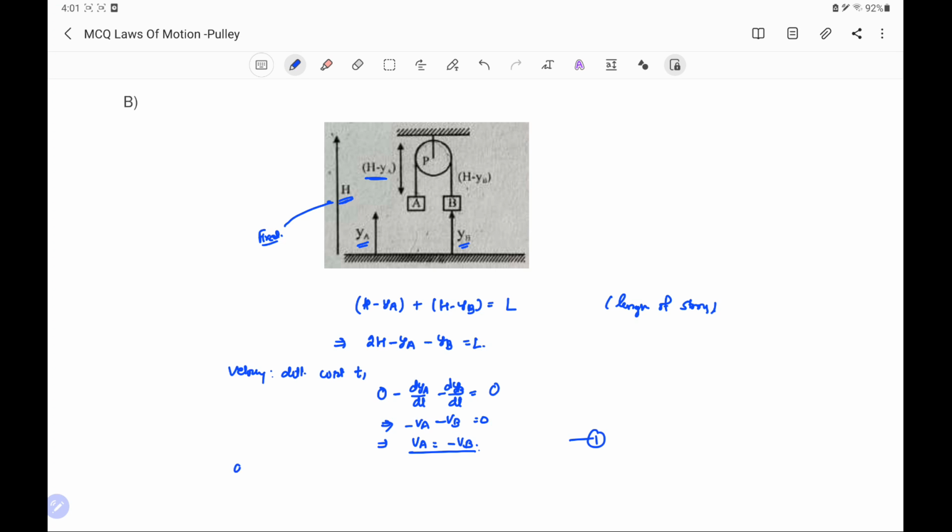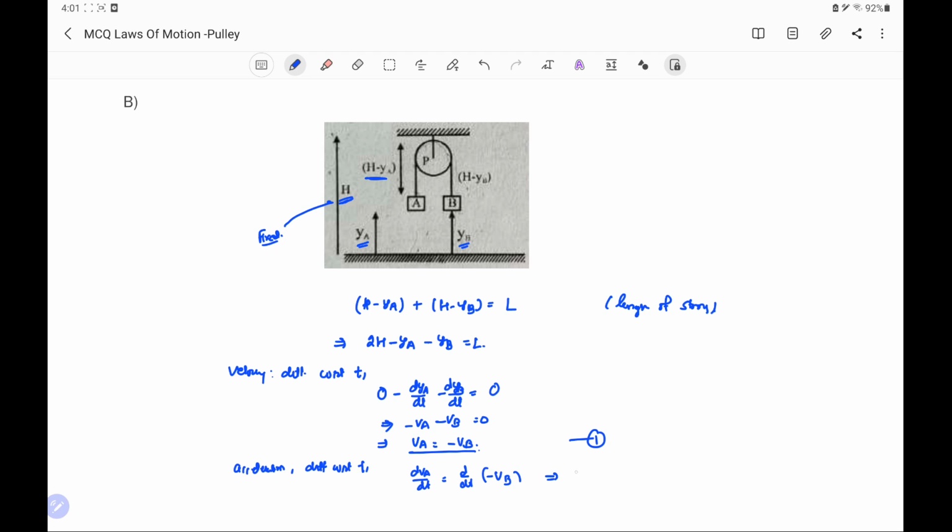Now we have to find the acceleration. To get acceleration, we differentiate the velocity with respect to time. We will get dVA by dt equal to d by dt of minus VB.